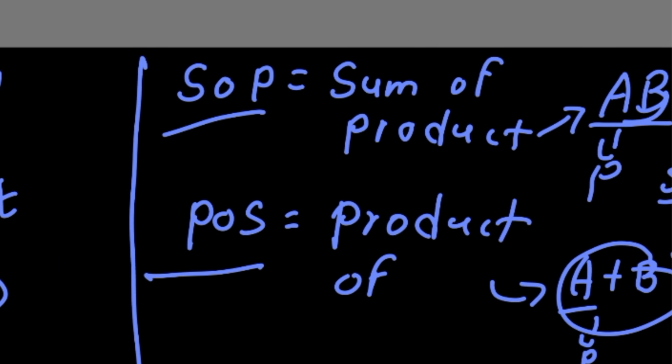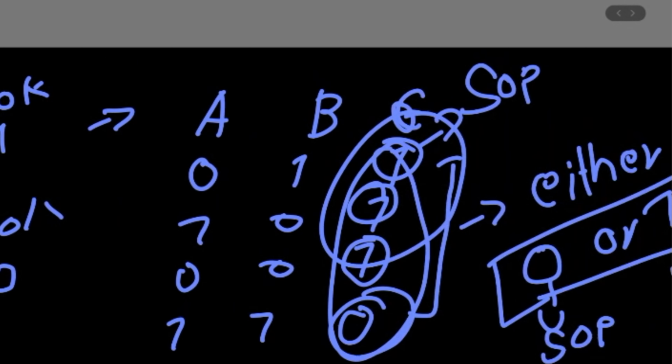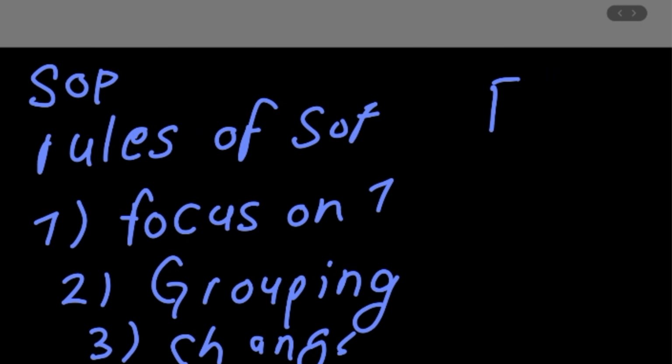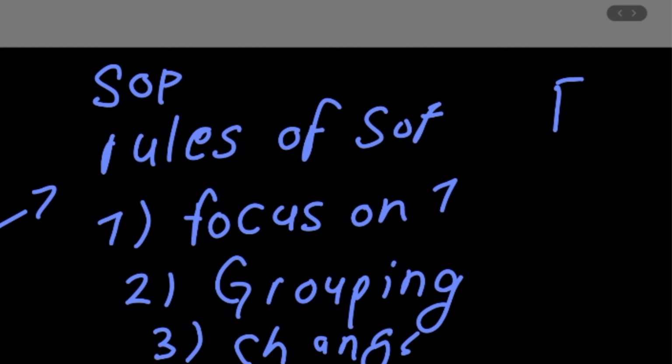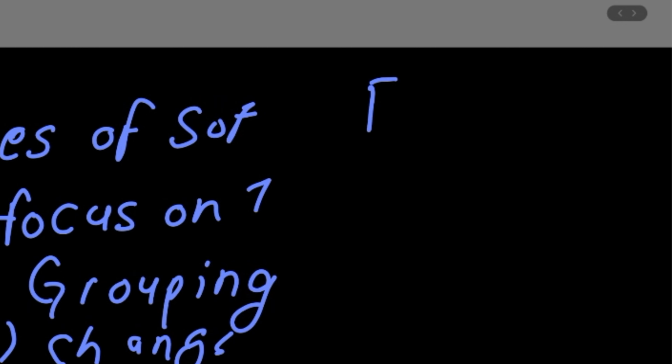But as you go on, POS is not that important, so we'll just be focusing on SOP for now. Now the SOP rules are here: focus on 1, grouping, and chains. At first it looks confusing, but as we go on, we'll understand it.